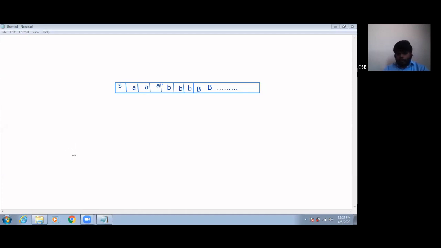What we are doing, A's we are seeing, as well as B's we are seeing. Okay, this is a diagram.